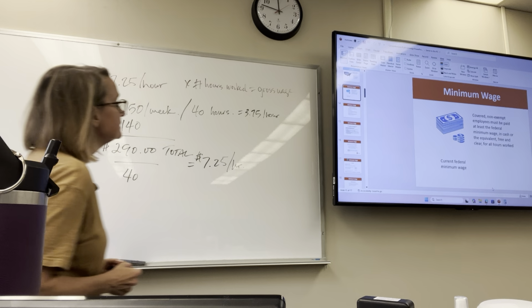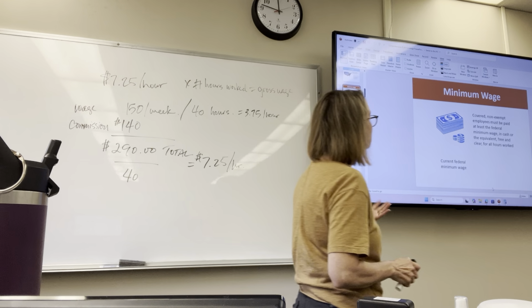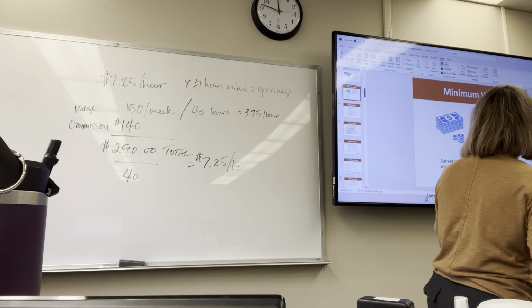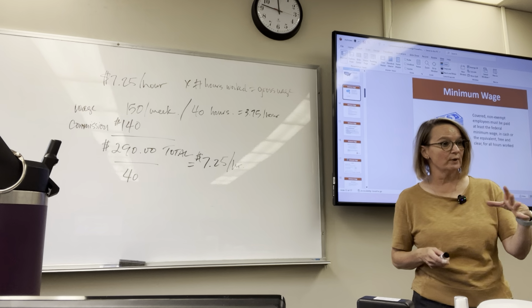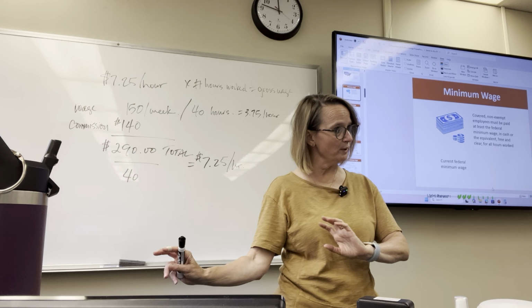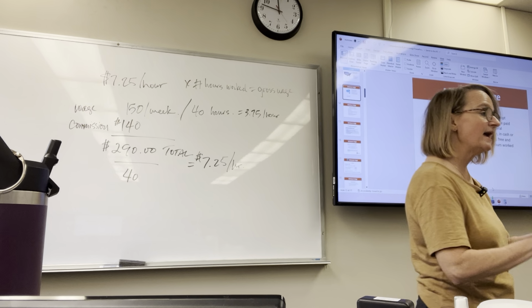Okay, so what we're talking about here on an hourly basis applies only to what we classify as non-exempt employees. We're going to go through the difference between non-exempt and exempt employees. We're talking about the FLSA.